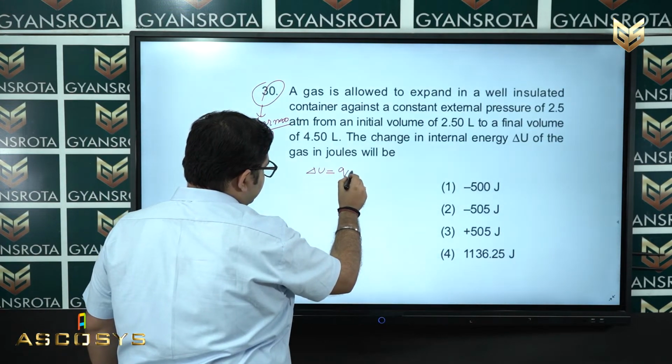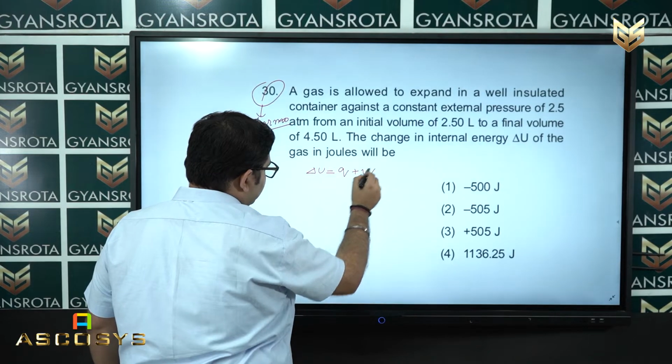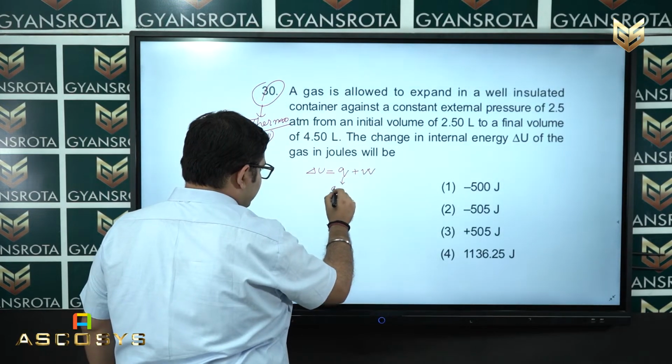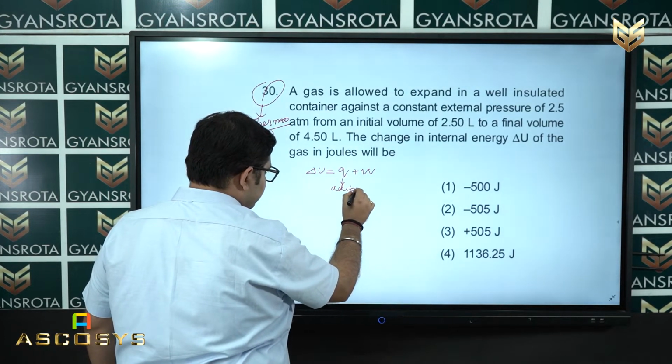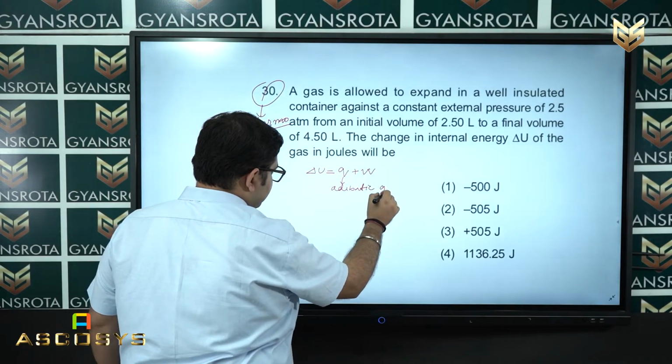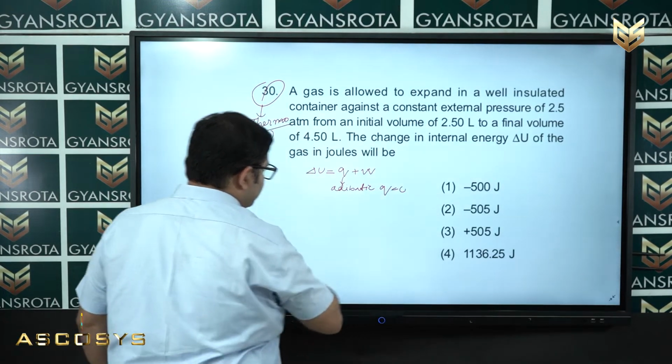Delta U is equal to Q plus W, but for an adiabatic process, this Q is equal to 0.